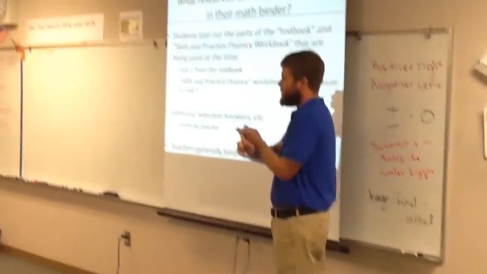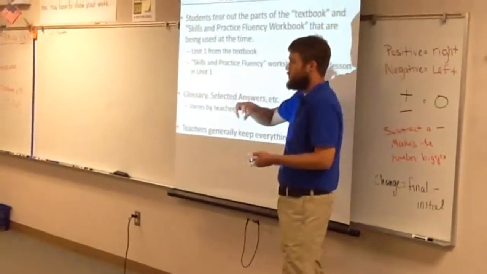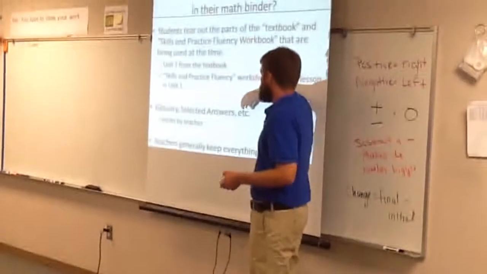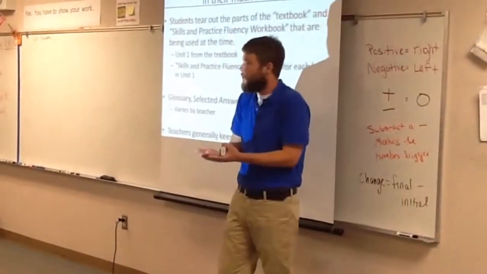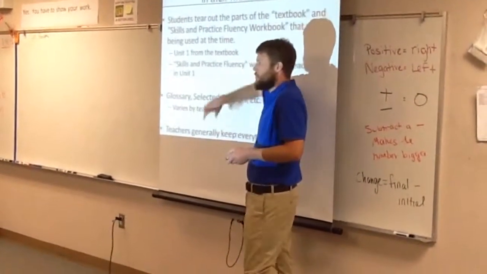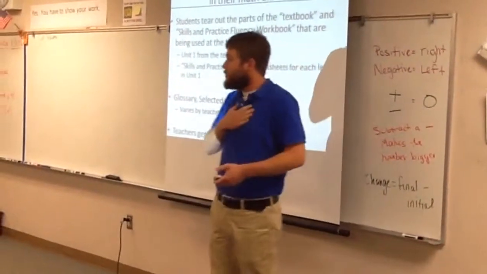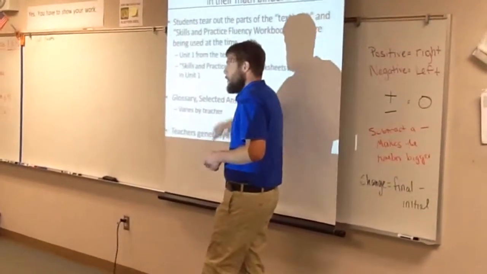So they have all of the course content text from Unit 1, and all of the Skills and Fluency worksheets from Unit 1 in their binder. We also have them tear out the glossary section of the textbook, put that in their binder, and some teachers had the kids tear out the selected answer section as well. I didn't do that because I just posted my answers on School Loop, but this, again, varies by teacher.